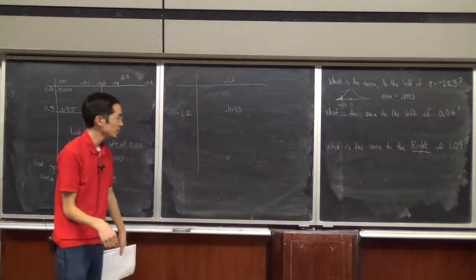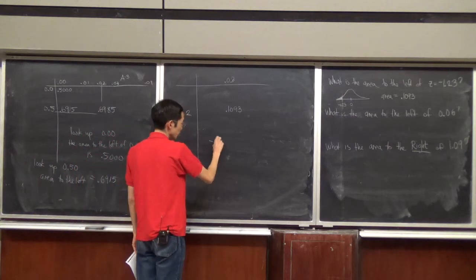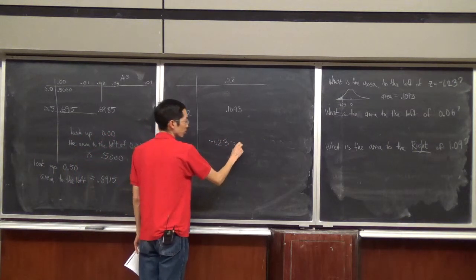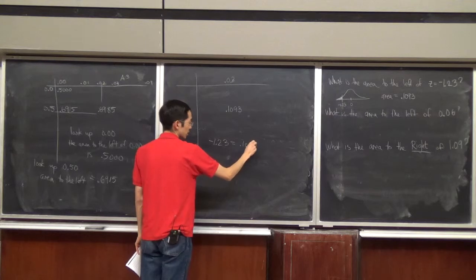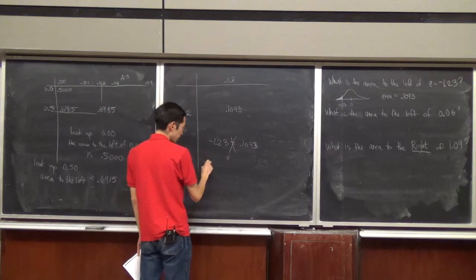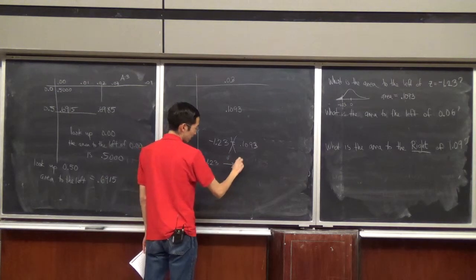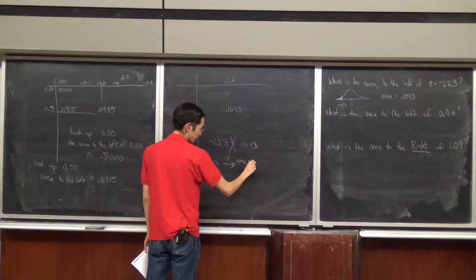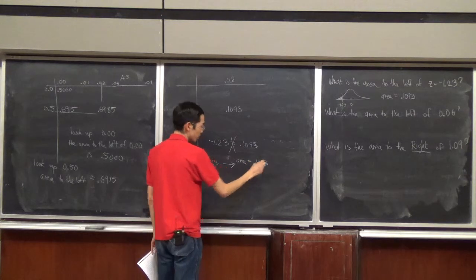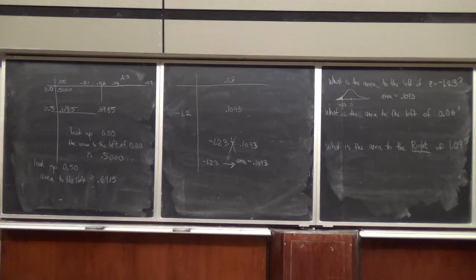And as I was walking around, don't write 1.23 equals 0.1093. Okay, that's not correct. You can say negative 1.23, and you can do an arrow and say the area is equal to 0.1093. Okay, but the number negative 1.23 is not equal to 0.1093.